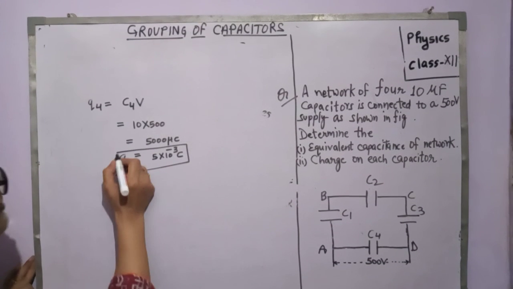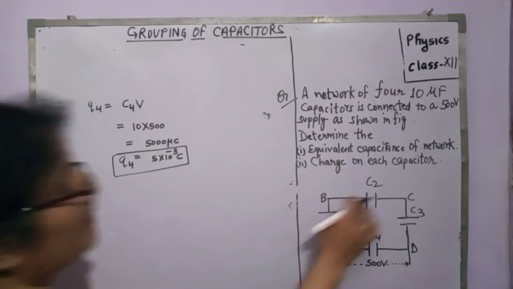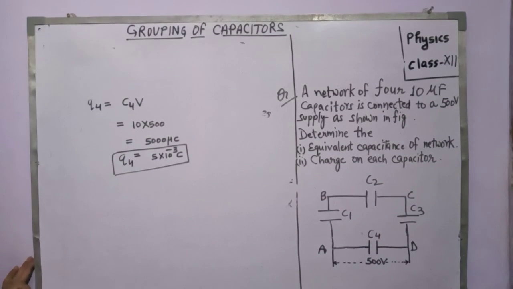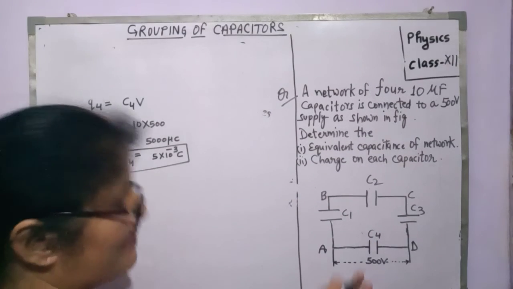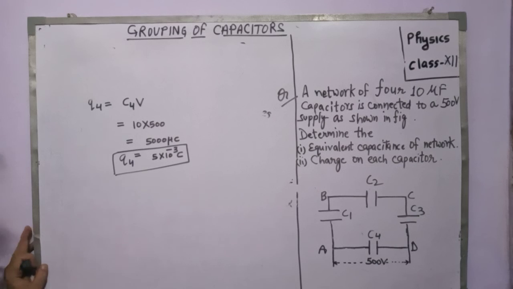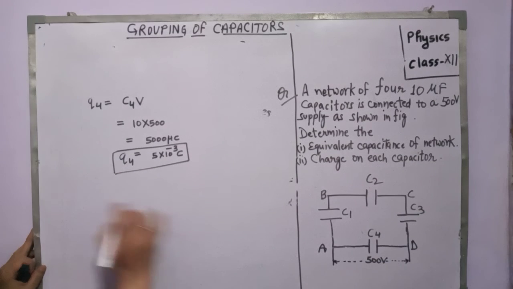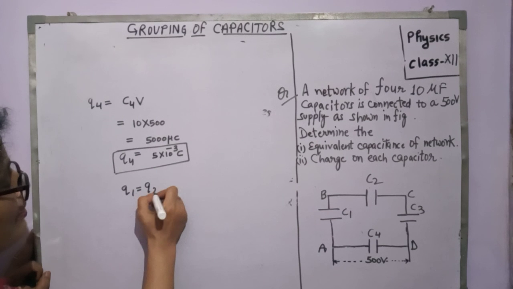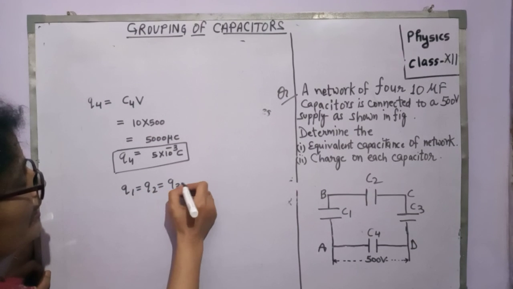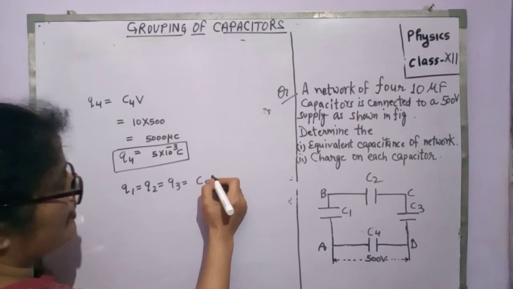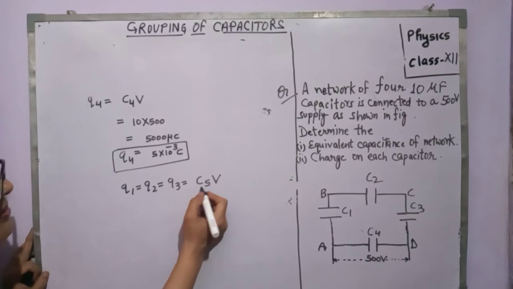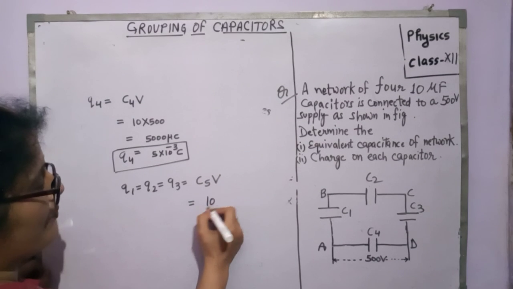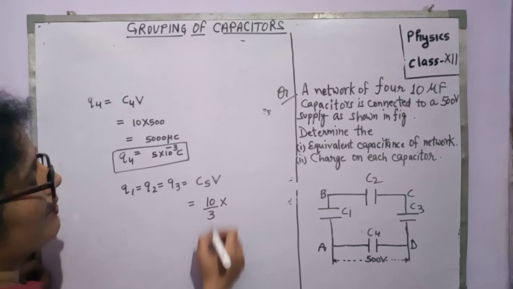What are the values of Q1? Because all the three are connected in series, the charge on these capacitors is the same as the charge on their equivalent, that means Cs. You can say here Q1 is equal to Q2 is equal to Q3. That is equal to Cs multiplied by V. And what is the value of Cs? That means 10/3. And what is the value of V?